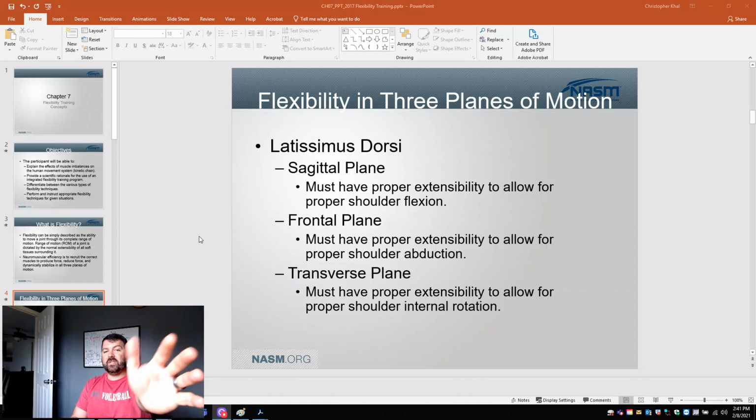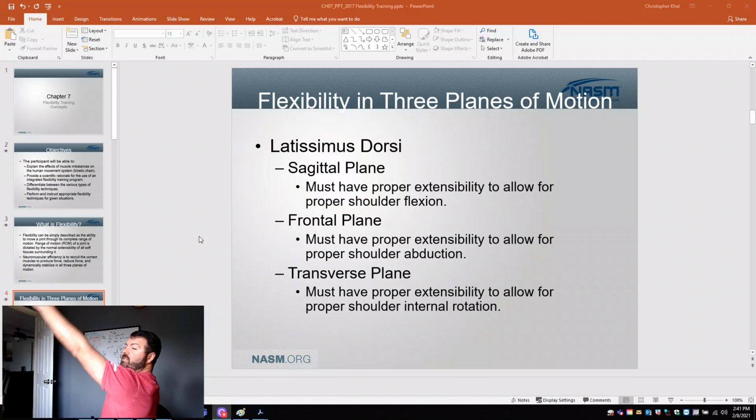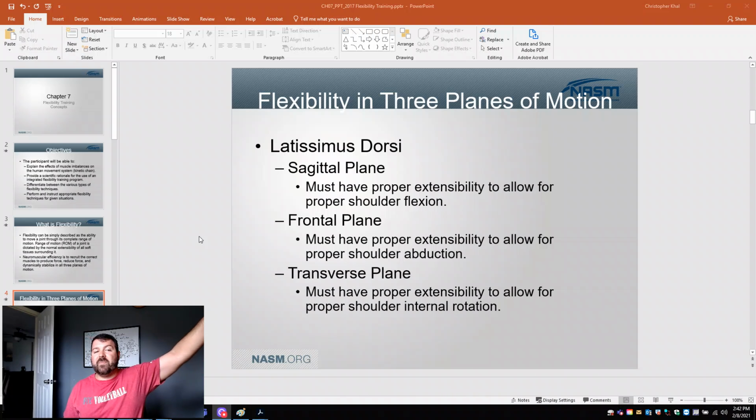If my lats are really tight, that's one restriction which would not allow me to get a lot of shoulder flexion. The frontal plane has a proper extensibility to allow proper shoulder abduction. If my lats are again really tight, I would lose a lot of range of motion in abduction.